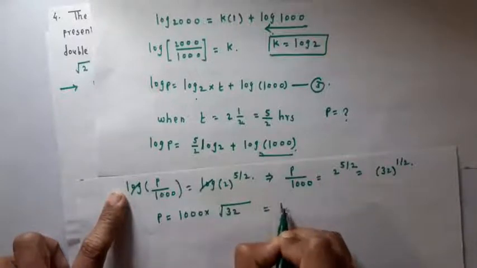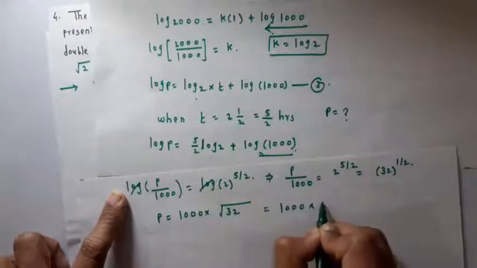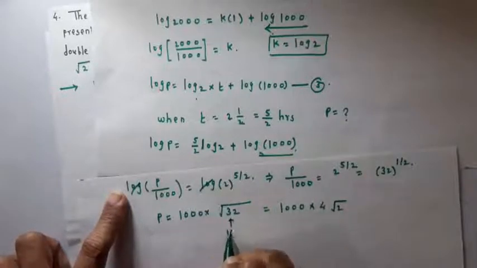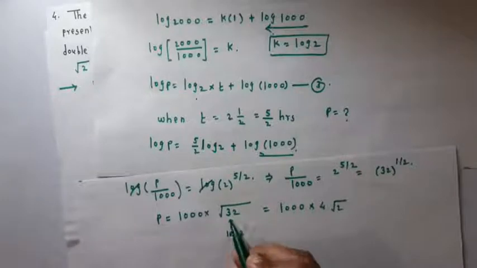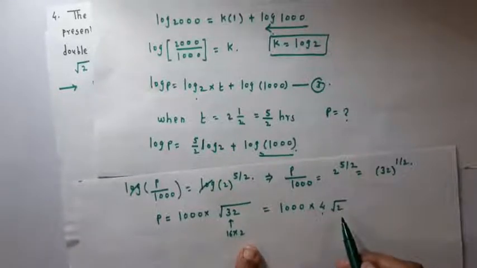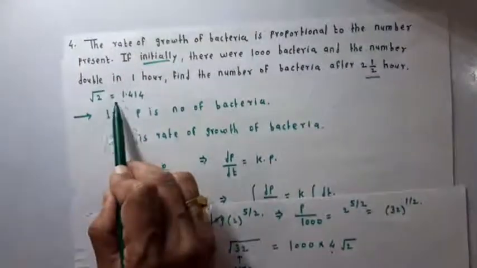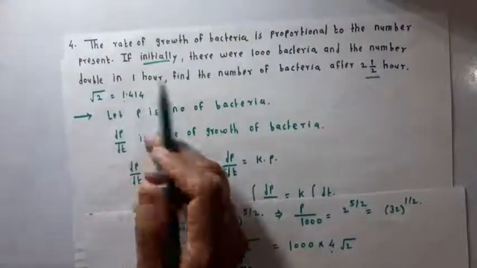And square root of 32 is 4 root 2, because this is 16 into 2; square root of 16 is 4, and square root of 2. They have given the value of square root of 2 as 1.414.